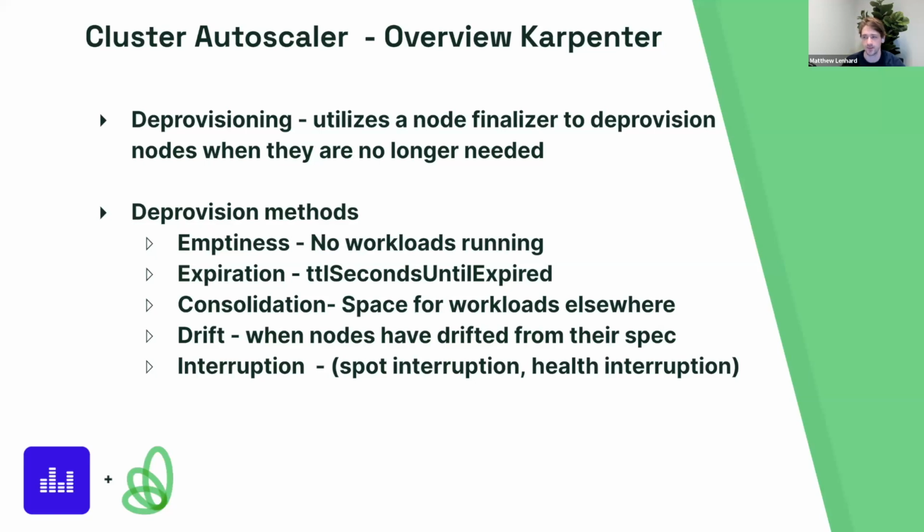Consolidation: it will look at whether this workload can run elsewhere, and if so, move the workloads around to clean up excess or unneeded nodes. Drift is when nodes have drifted from their spec over time. Finally, interruptions, like losing access to a spot instance, or if there are health issues on the node.